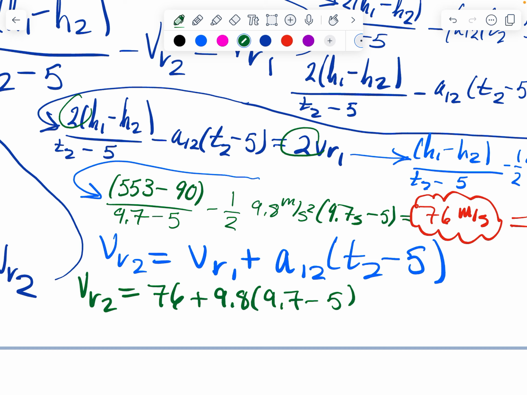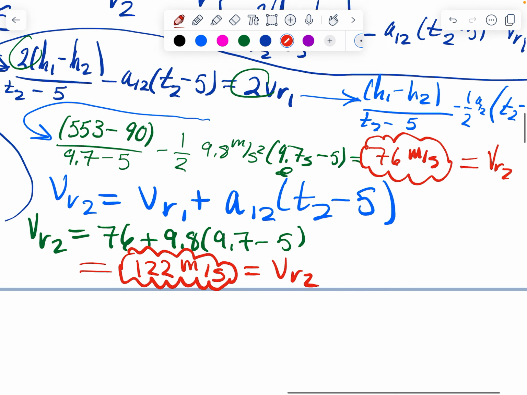Pretty easy, just look back. So what does this equal? This is going to be 122 meters per second. That's pretty quick. That's going to equal VR2.